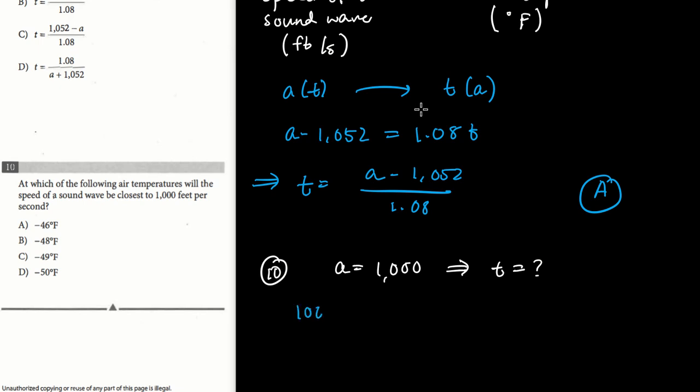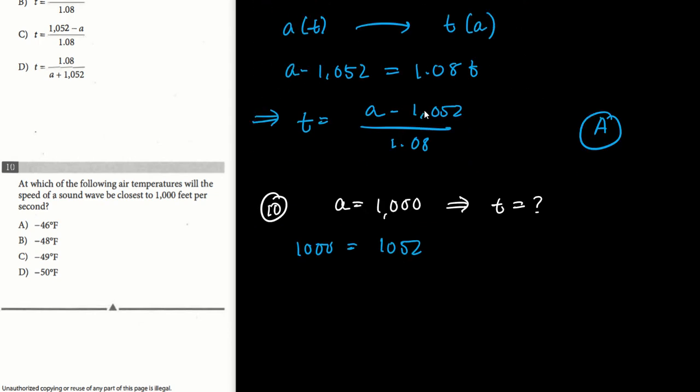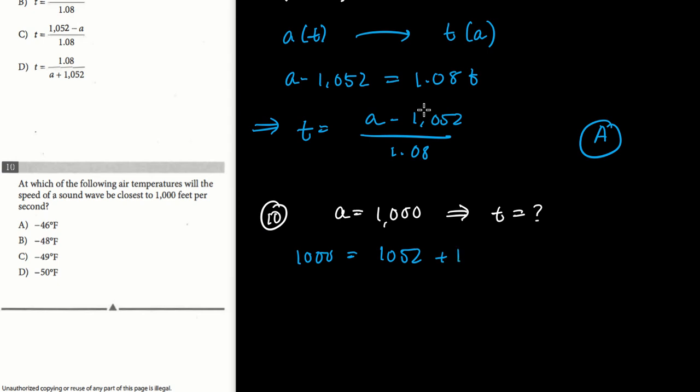So 1,000 equals 1052 plus 1.08t. We would get negative 52 equals 1.08t, so t would be equal to negative 52 over 1.08.